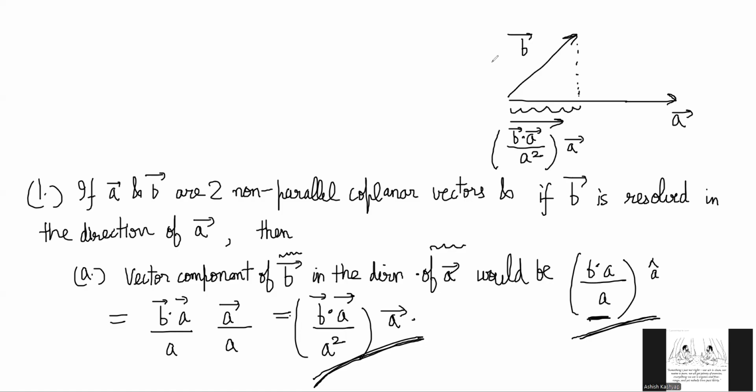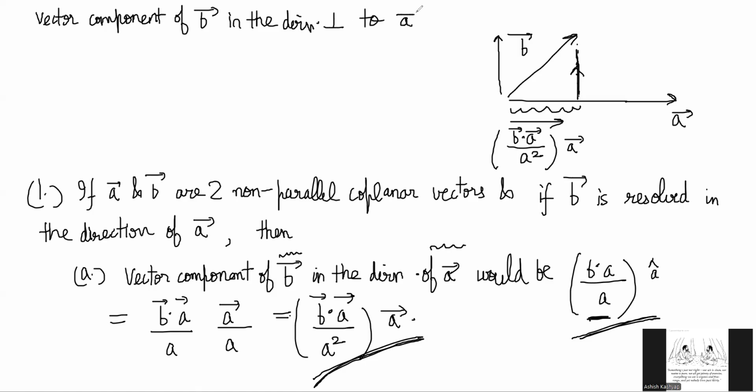Now, what is the vector component of B in the direction perpendicular to A? So this component, what is that, right? So we can say vector component of B in the direction perpendicular to the A vector.